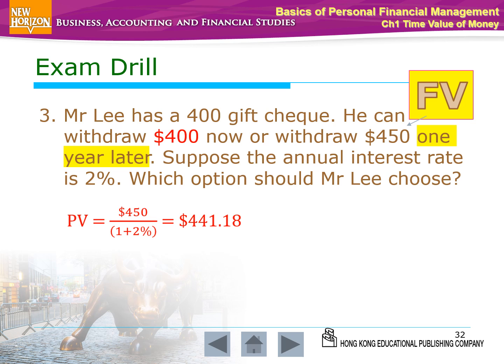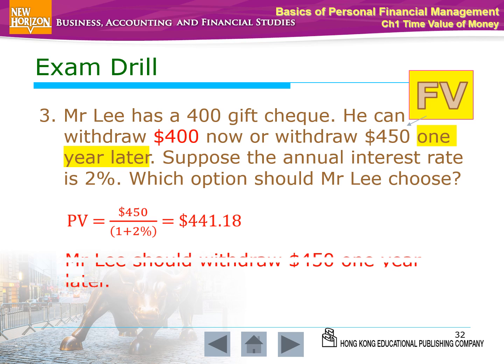So we see that this amount, the present value, is more than $400 to be withdrawn now. So Mr. Lee should withdraw $450 1 year later. He should be patient to wait in 1 year of time.